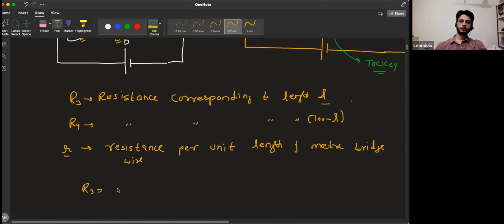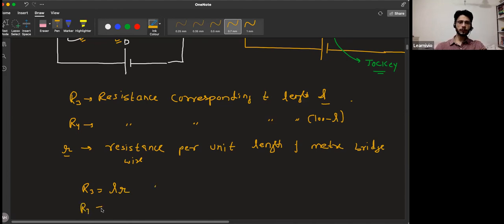L ohm, sorry. No, L into r. See, r is resistance per unit length. For length L, the resistance will be L into r only. Not L ohm, L into r. Okay.